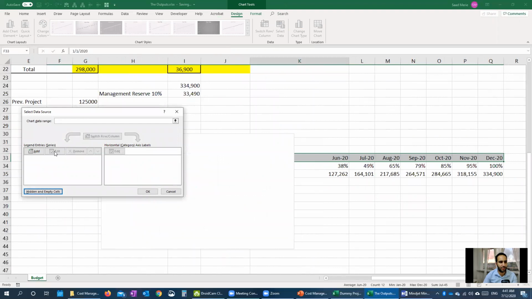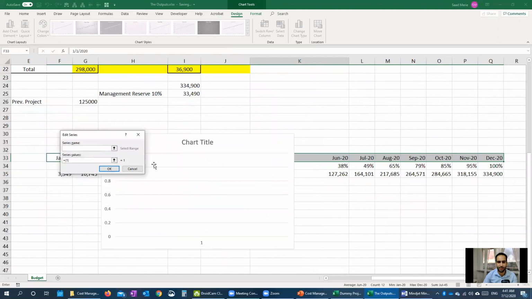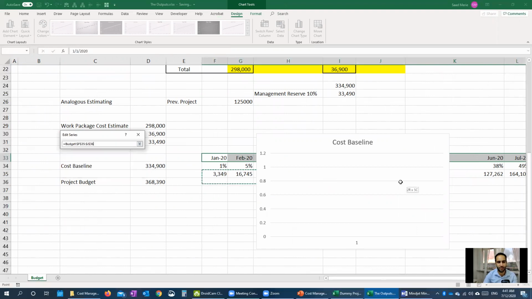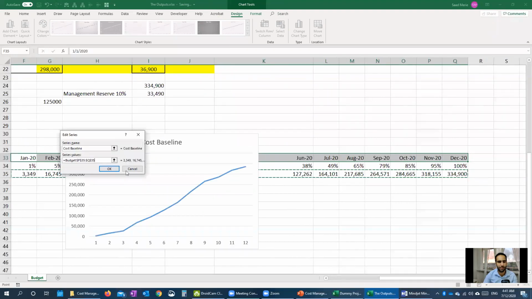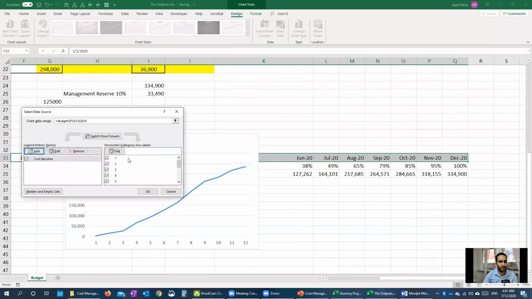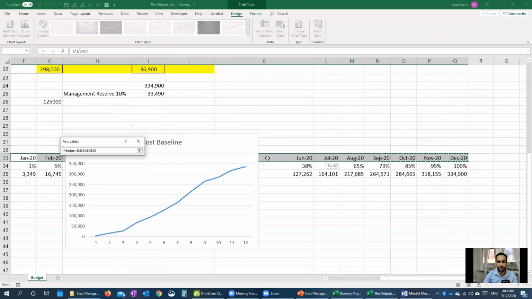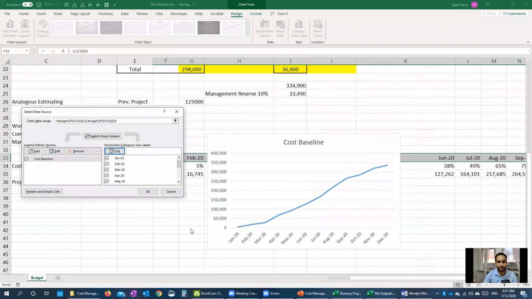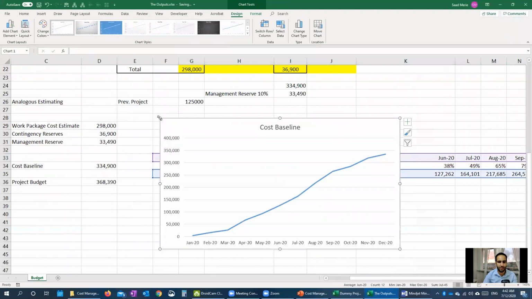Sorry, I need to remove this and I need to add. This is the series name. I will call it cost baseline. Series values are those. Then how they are distributed over time is by months. So this is our cost baseline.